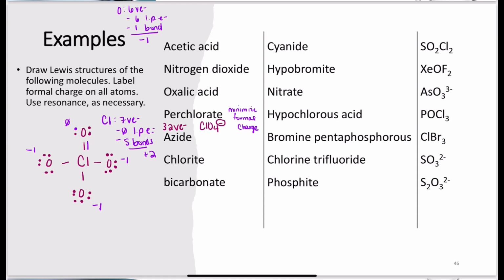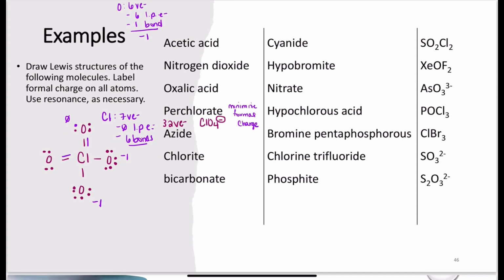But if that oxygen can do it, why can't another? What about this oxygen? If this oxygen donated a lone pair, 1, 2, 3, 4, 5, 6. Chlorine now has 6 bonds, +1 charge. This oxygen is a 0. The chlorine is now a +1 charge. Could I further minimize though?